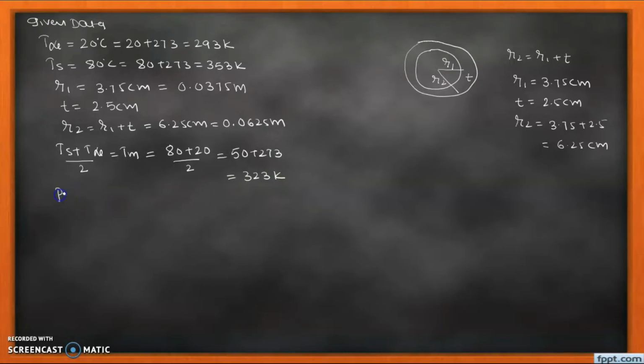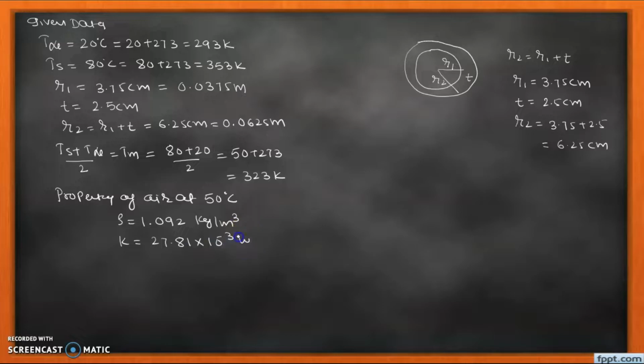The properties of air at the mean temperature of 50 degrees centigrade, or 323 Kelvin, are given: density is 1.092 kg per meter cube, thermal conductivity of air is 27.81 into 10 to the power minus 3 watt per meter degree centigrade, and viscosity is 19.57 into 10 to the power minus 6 kg per meter second.